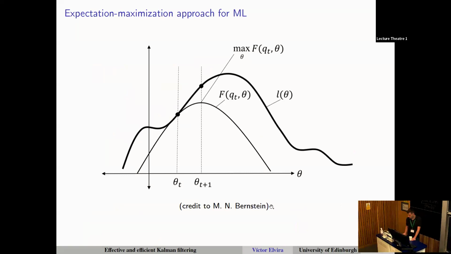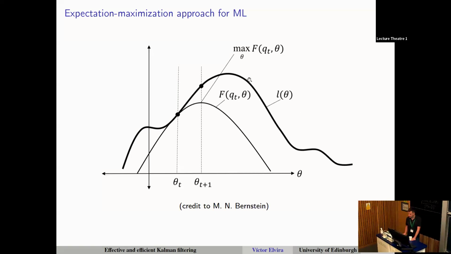I took this from this reference. The idea is the following: you are trying to maximize this function, and this is a very simplified problem in the sense that here theta is of one dimension. In our example, in general, we may have dozens or even hundreds of dimensions to be learned, so theta is going to live in a very high dimensional space.